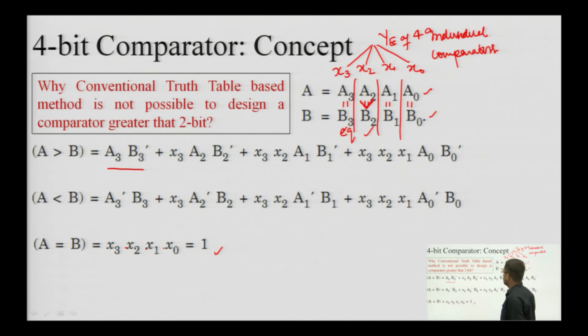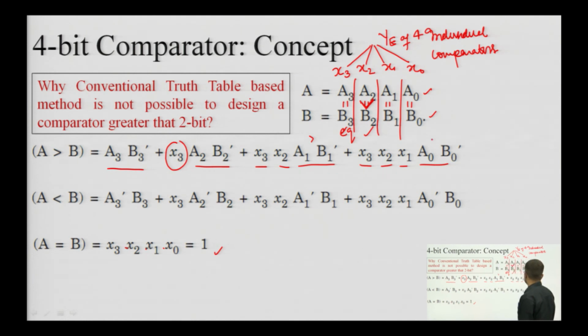So, if A2 is greater than B2, A2 B2 bar, considering the fact that x3, that means A3 is equal to B3. Similarly, the next possibility is that A1 is greater than B1, considering the fact that A3 is equal to B3 and A2 is equal to B2. Similarly, when A3 is equal to B3, A2 is equal to B2, A1 is equal to B1, the only possibility of greater is A0 greater than B0.